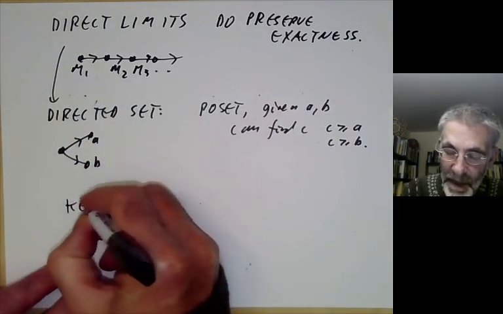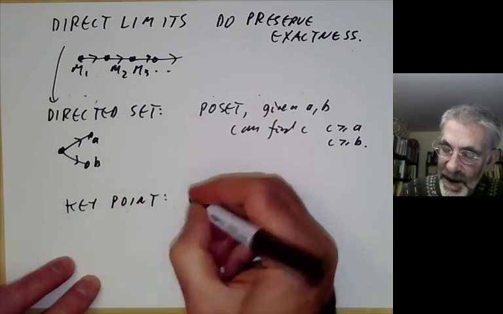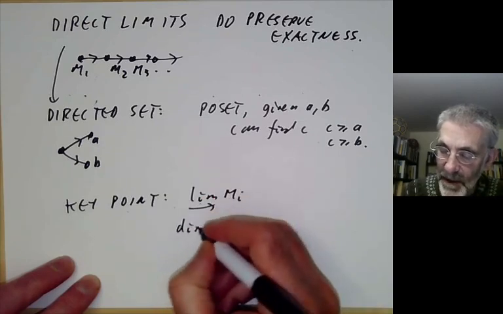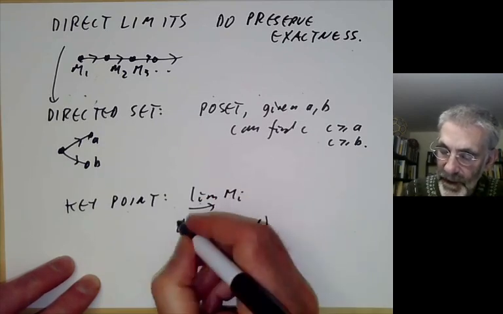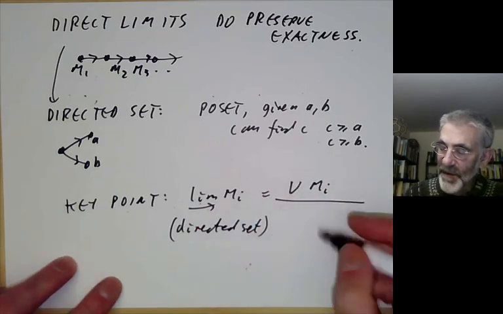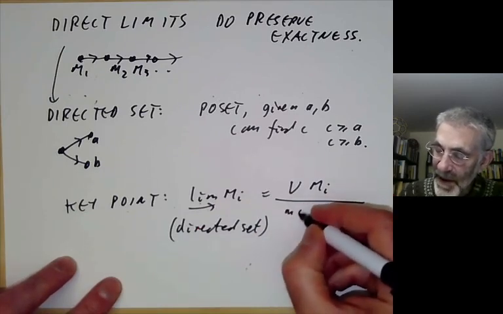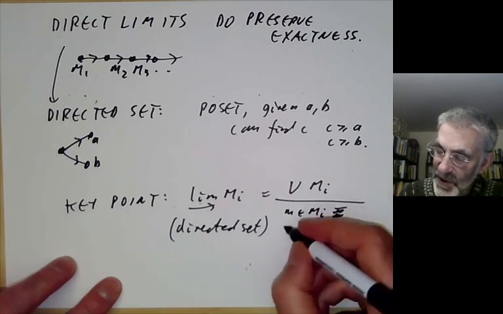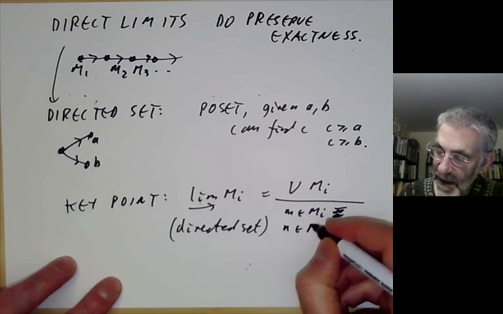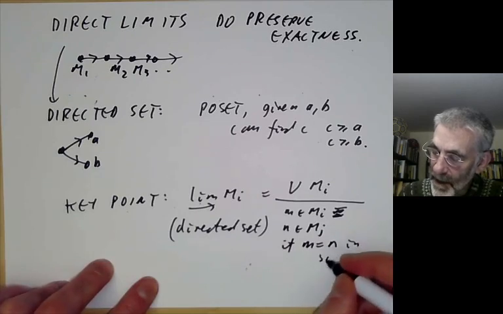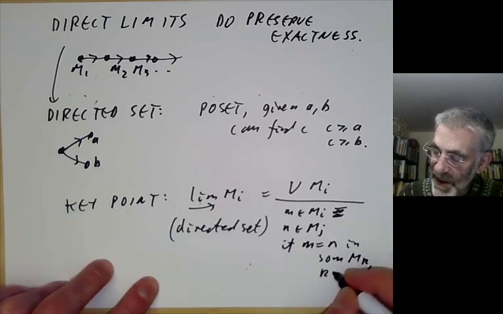So the key point is that the direct limit of some modules Mi over a directed set is equal to the disjoint union of the Mi modulo the following equivalence relation: that m in Mi is considered to be equivalent to n in Mj if m equals n in some Mk for k greater than or equal to i and j.